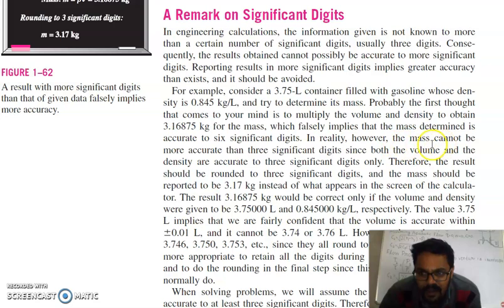In reality, the mass cannot be more accurate than 3 significant digits, since both the volume and the density are accurate to 3 significant digits only. So this is also something we have to take care of during the solution of problems.